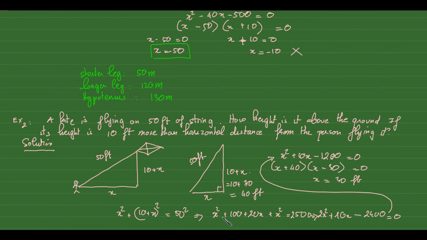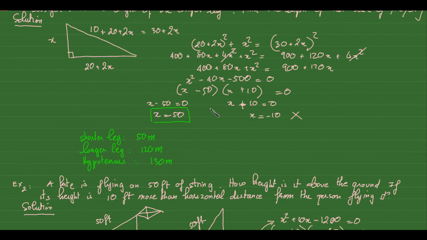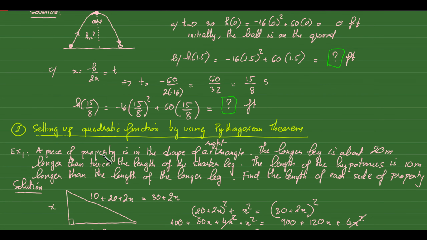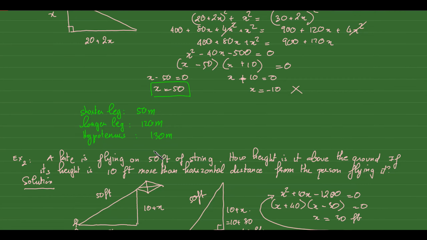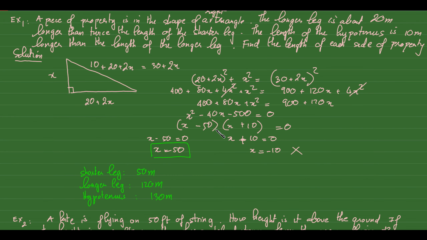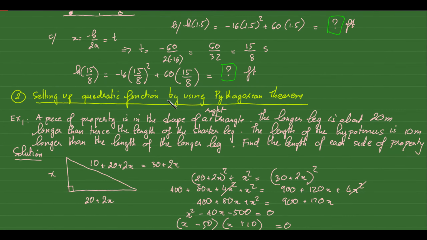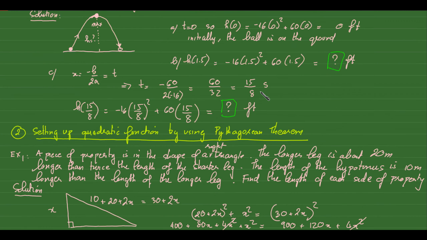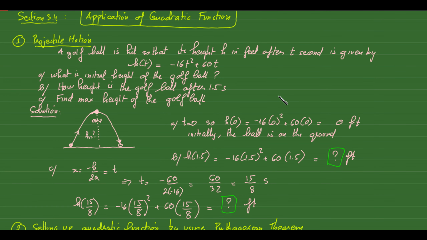So I think the most important one will be setting up a quadratic function by using the Pythagorean theorem. I'm going to give this on the test. Of course, the problem is not going to be 100% like this. I'm going to change the problem, but you have to use the Pythagorean theorem to set up a quadratic equation. Okay, so I think that's all for section 3.4.